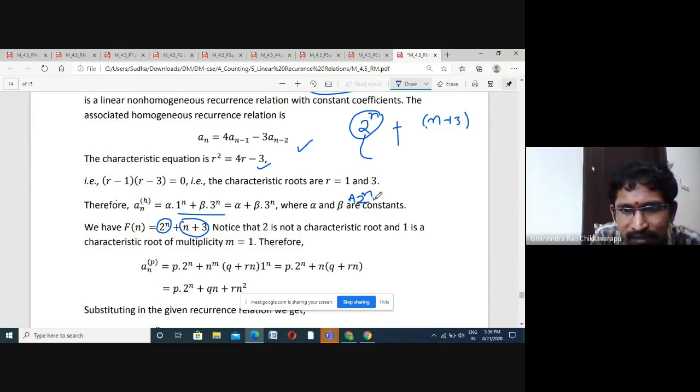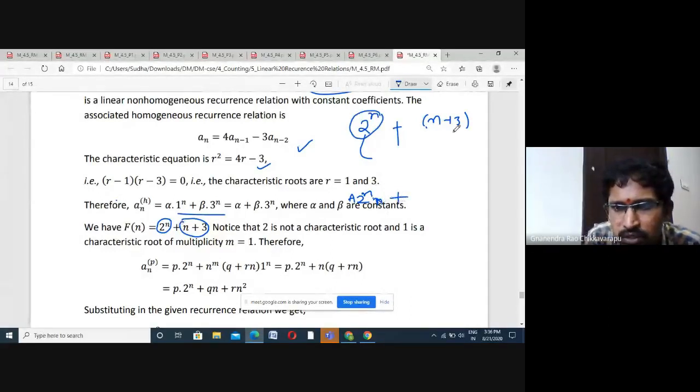N power s depends on how many times 2 occurred as a root. Here 2 is not a characteristic root, so simply you write A into 2 power n into n power 0, that means simply A into 2 power n only.